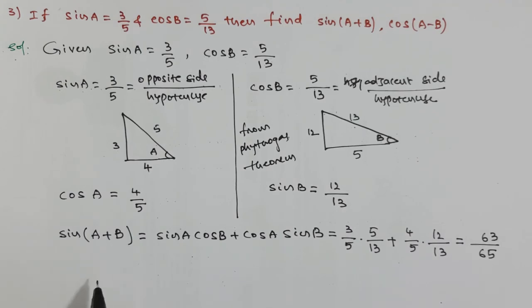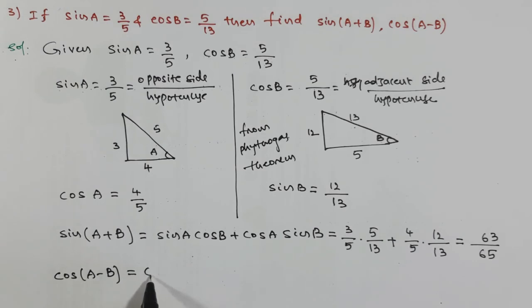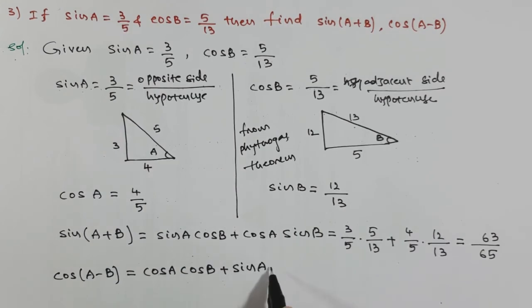Next we have to find the cos of A minus B. The formula of cos of A minus B is cos A cos B plus sin A sin B. Substitute the known values in this formula.